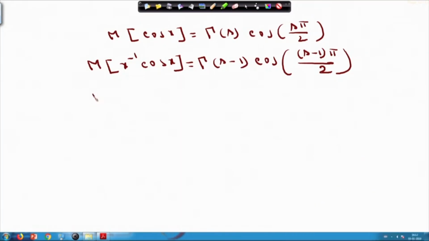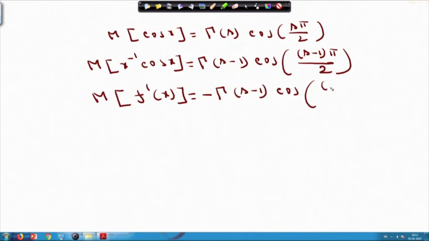So, you can write down the Mellin transform of x to the power minus 1 cos x, that is cos x by x, and this is nothing but f dash x. So, I am replacing this by this, and this equals minus gamma s minus 1 into cos of s minus 1 into pi divided by 2.